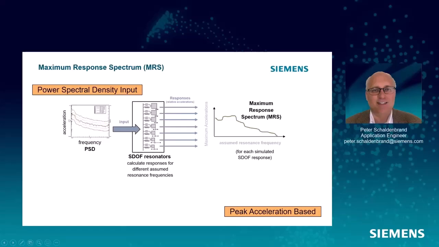Now, the MRS, the only difference between the MRS and the SRS is that the MRS has a PSD as an input. So we're going from the frequency domain. If I already have a shaker profile and I want to calculate MRS on it, I would input that into the system. I could also calculate an FDS, as you'll see in the next slide.